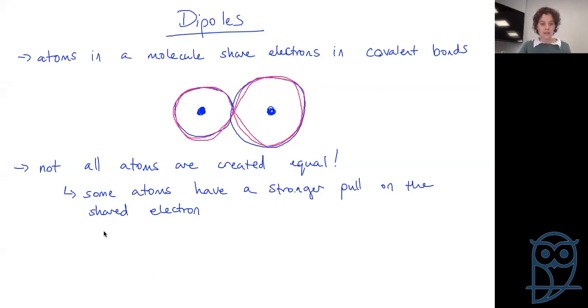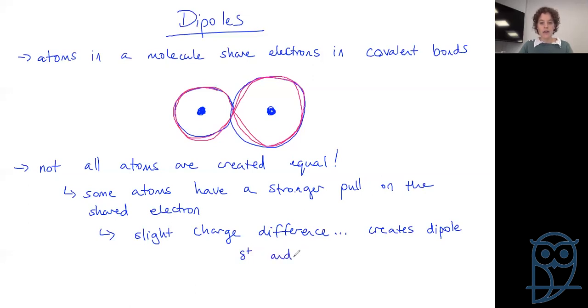And that creates the dipole, which is our delta plus and delta minus. So one side will be delta plus and the other side will be delta minus.